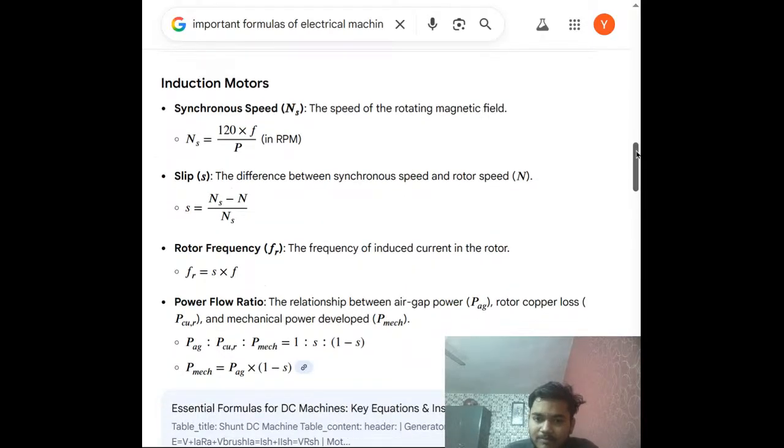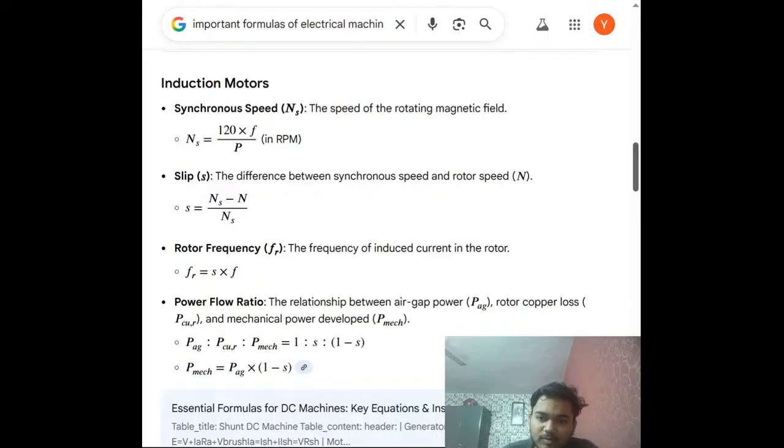Induction motor synchronous speed. What is synchronous speed? The speed of the rotating magnetic field in a motor is known as synchronous speed. It can be found using the formula 120 into F upon P, where F is frequency and P is poles.